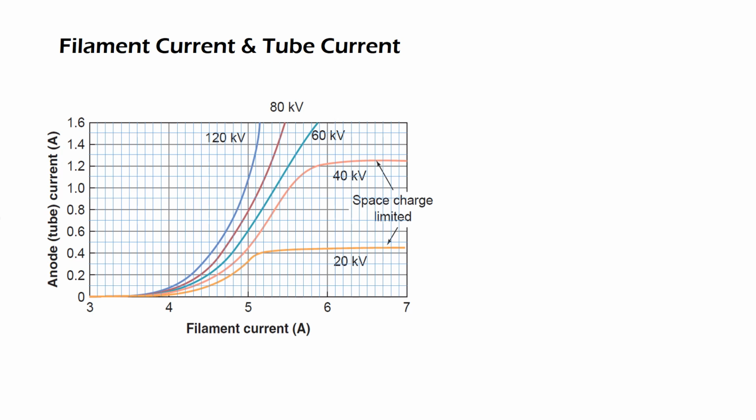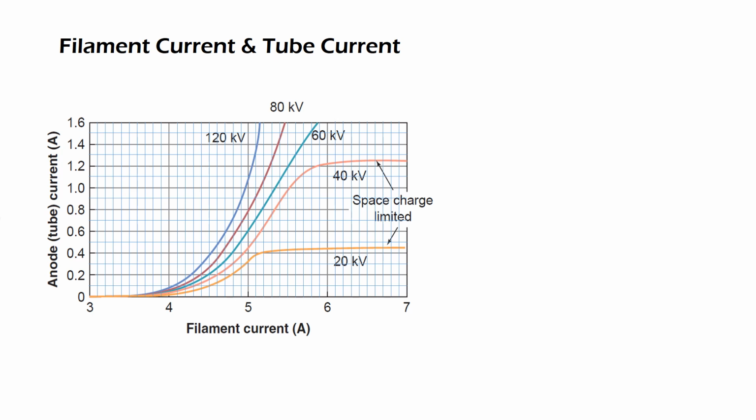At higher filament current settings, small changes in the filament current produce relatively larger changes in tube current than at lower filament current settings. For example, at 80 kV, if the filament current is raised from 5 ampere to 5.1 ampere, the tube current increases by 0.12 ampere or 120 mA.